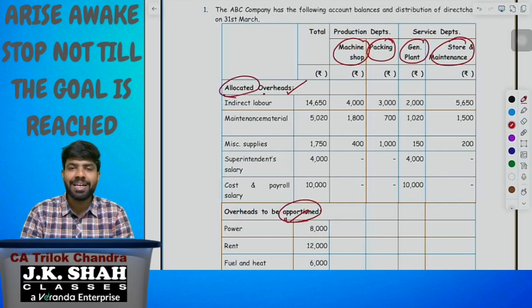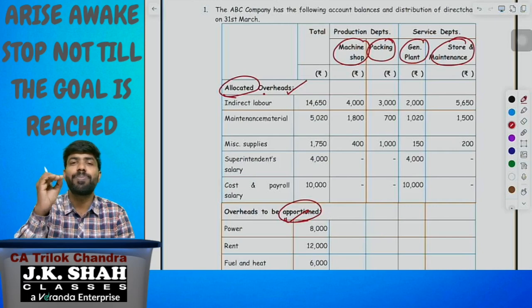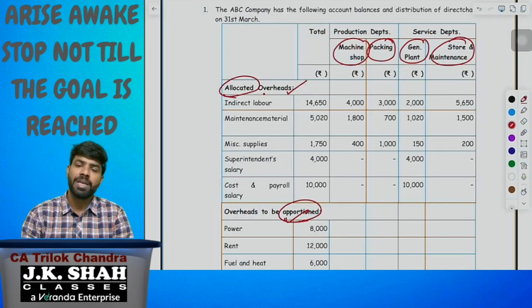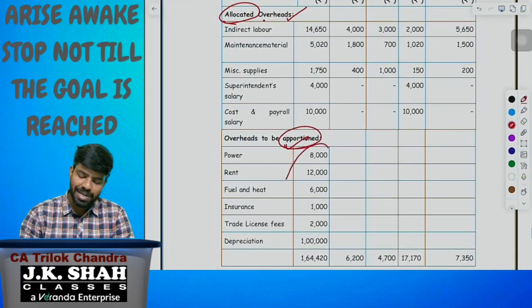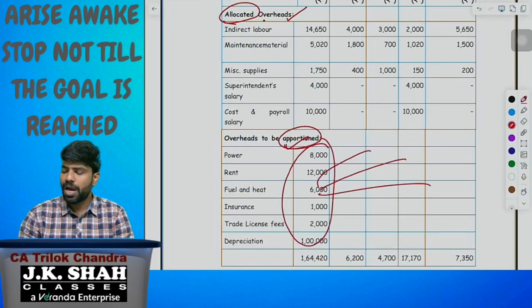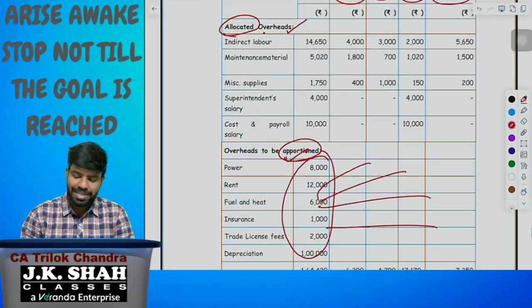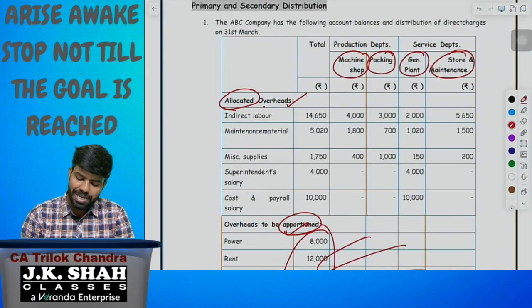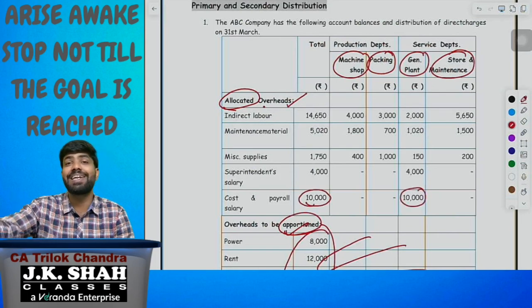Please understand, allocation means cost which is specifically incurred for the department. Apportionment means general expense incurred. Now we need to do the apportionment. Allocation, look here. Payroll salary of 10,000 rupees is specifically incurred for the general plant, which is called allocated. Cost is specifically allocated to the department.